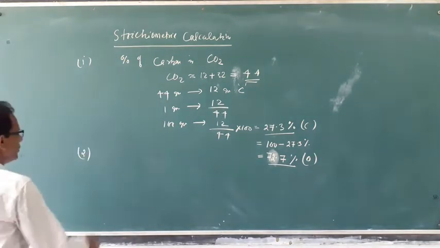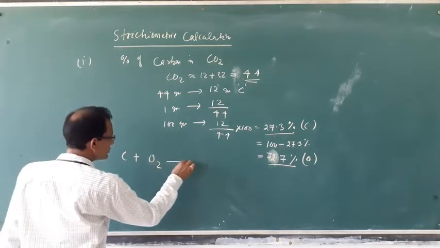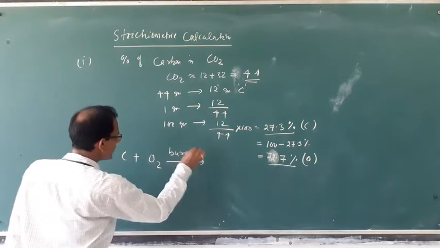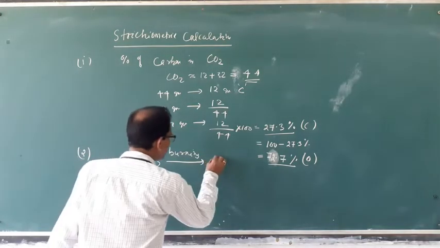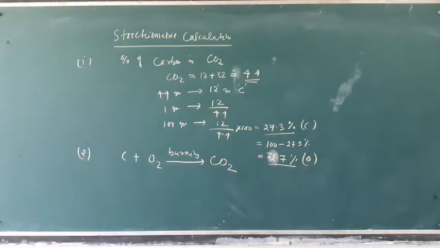Suppose you burn carbon in the presence of oxygen. Burning of carbon in the presence of oxygen generally produces carbon dioxide for complete combustion.